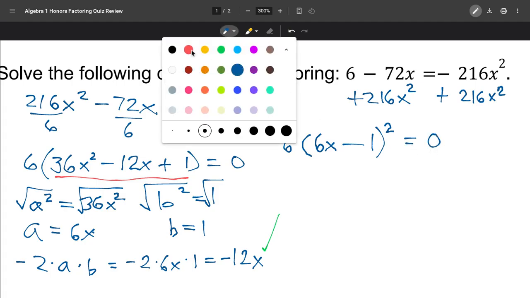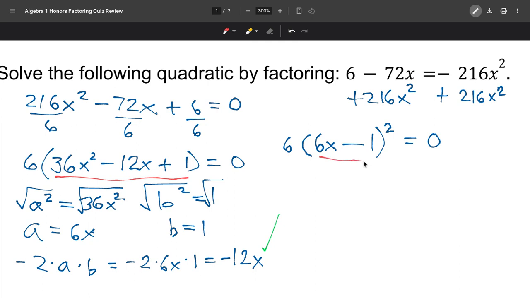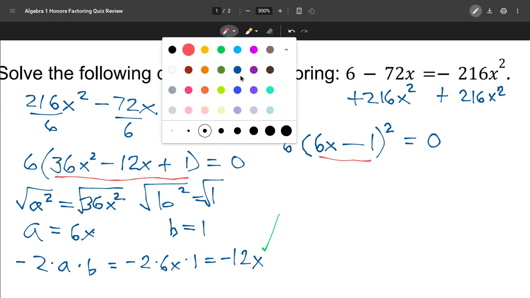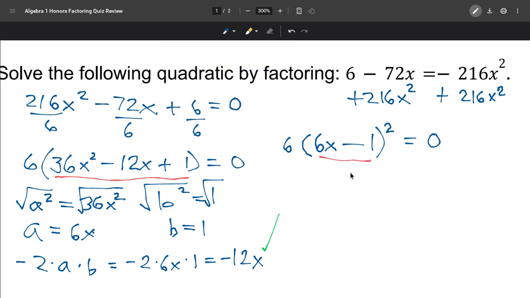So now the only part that I'm going to set equal to 0 is this. So I'm going to set 6x minus 1 equal to 0. I'm going to add 1 to both sides here. 1 minus 1 here.